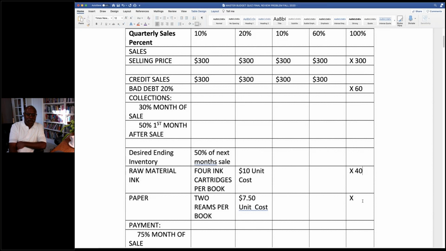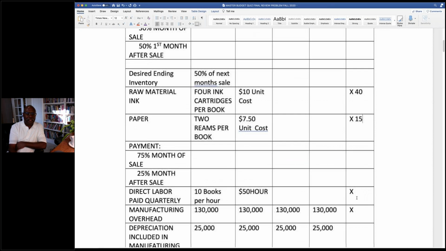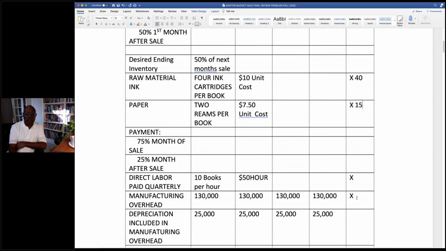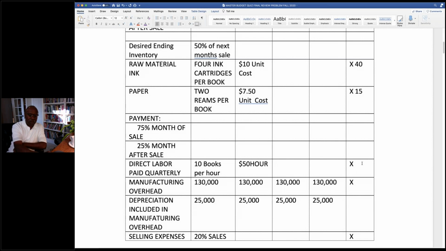How much is the paper? 15. How much is the labor? Somebody said 50, somebody said 5. 5 is correct.